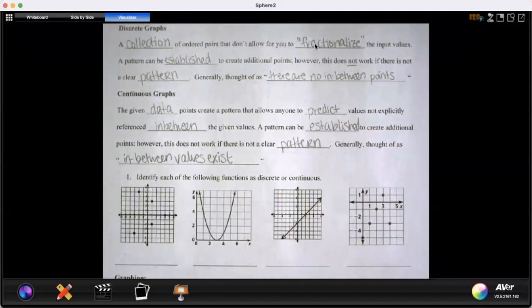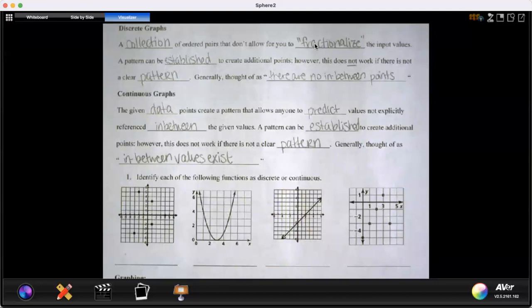So thinking of the definitions of discrete versus continuous, the visualization on these graphs should hopefully help you establish those definitions a little bit better in your head. So remember that discrete is specific ordered pairs that we cannot connect because there's no values between them, versus continuous, meaning there's a pattern that can be established in between the values, thus having a connection between the points.